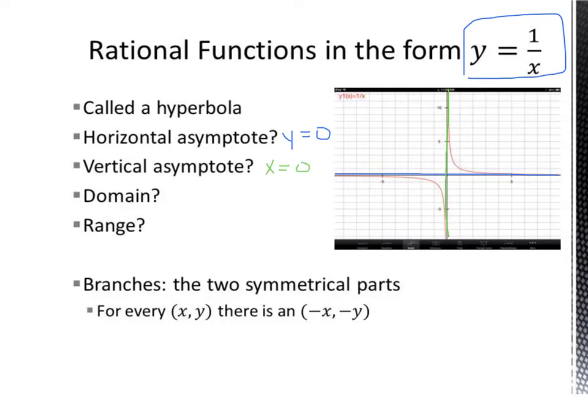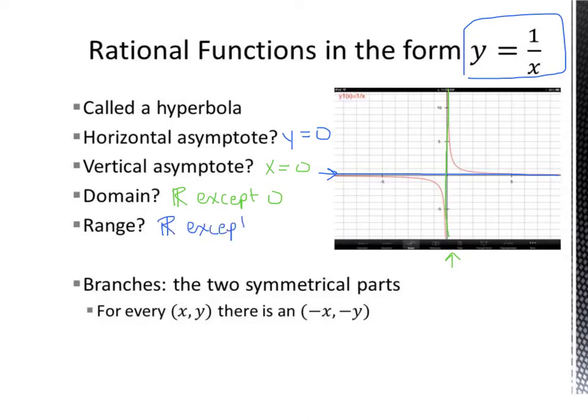Okay, so your domain and your range: your function itself is going to go left and right forever, except it's not defined when x is 0. So we would say it's all real numbers except 0. And similarly with your range, it goes up and down forever, except it's not defined when y is 0.